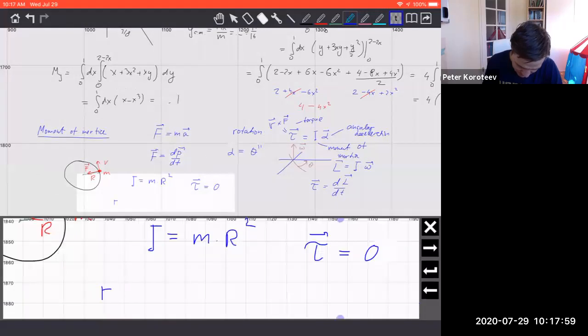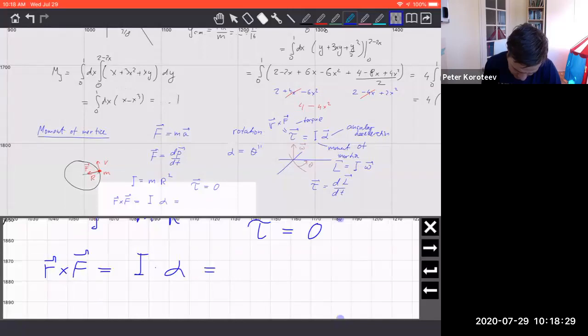Then you would have r cross F on the left, and it is equal to I times alpha. Or it is equal to m times, well, we should use small r here.